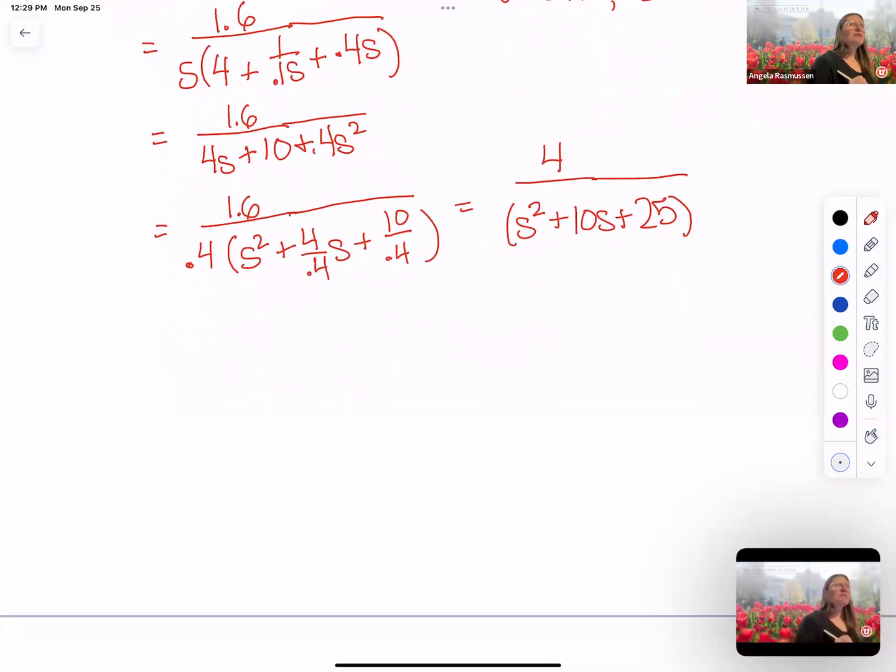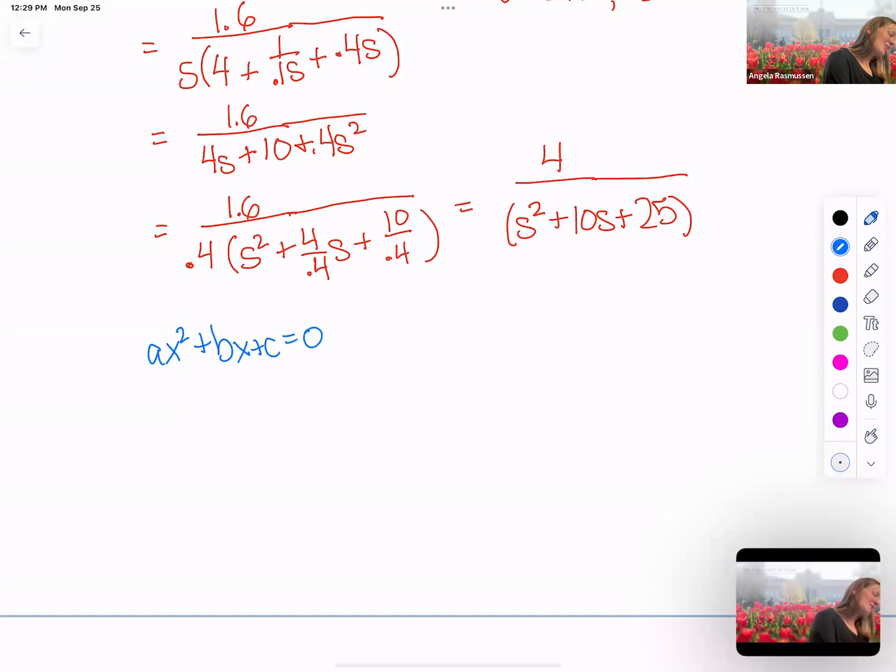Do you guys remember how to find the roots of this? Okay. So remembering back to roots, a quadratic, ax squared plus bx plus c equals 0 gives you x equal to minus b plus or minus square root of b squared minus 4ac, over 2a.